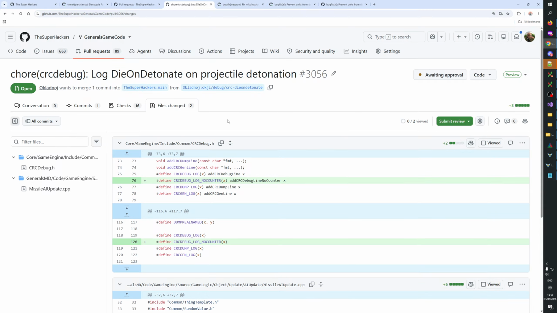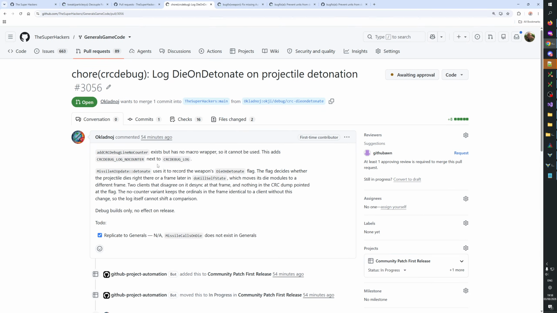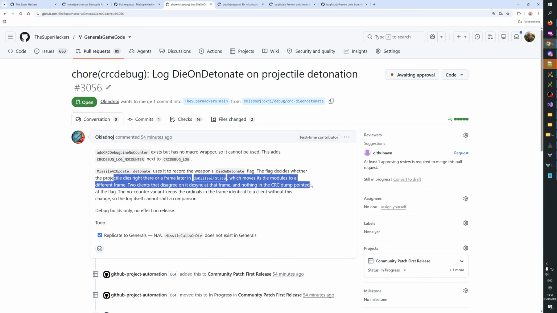What is this? CSC debug log no counter. What? Exists but has no macro web wrapper. Missing update to detonate uses to record the weapon's die on detonate flag, the flagged sites. Blah blah, which moves the module to a different frame. No counter. No counter.